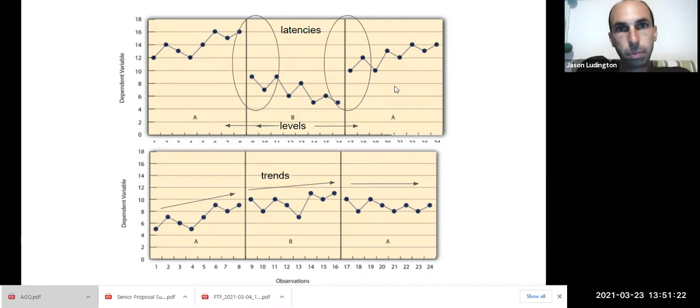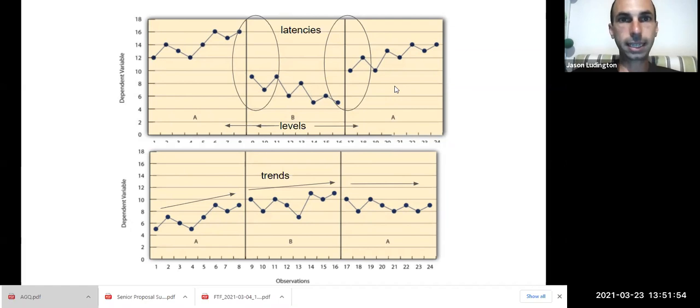So we want to keep observing over time and make sure that we're measuring the latency correctly. Once we change the treatment condition, we want to keep observing for a while, and we can infer the latency from repeated observations.